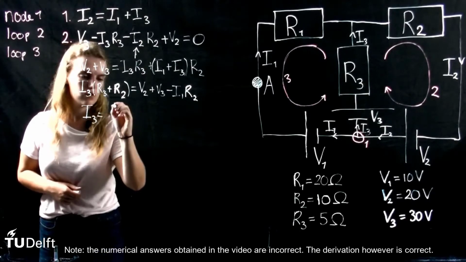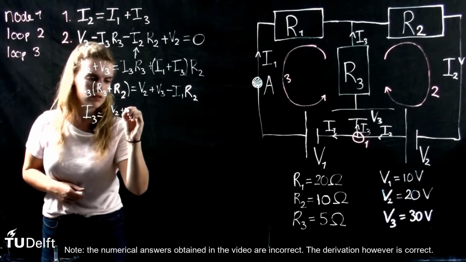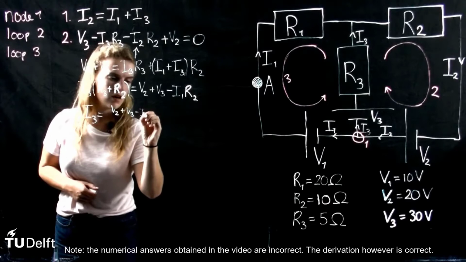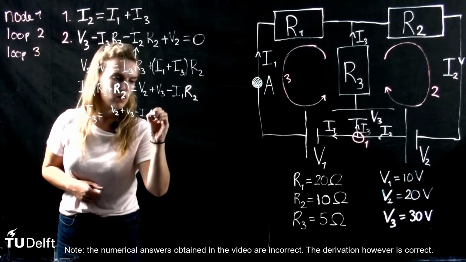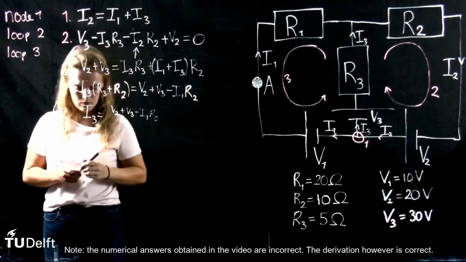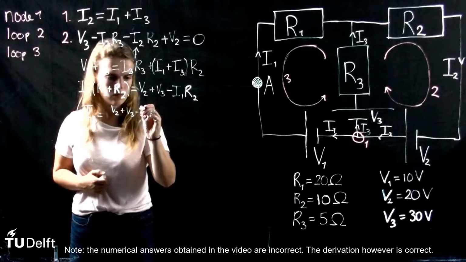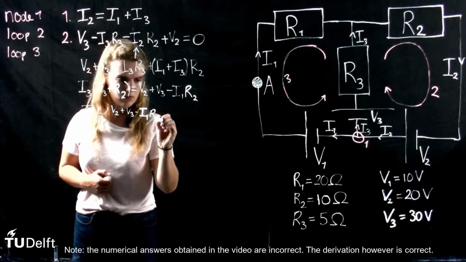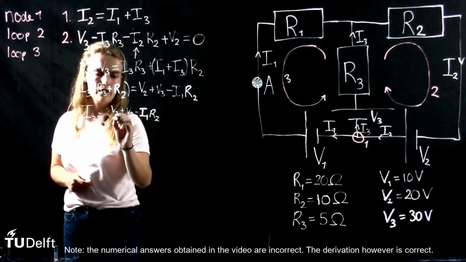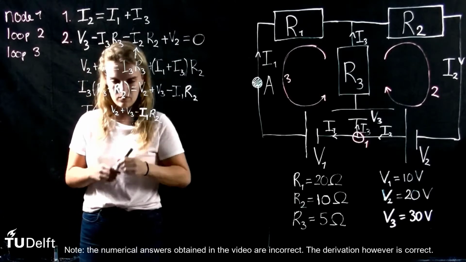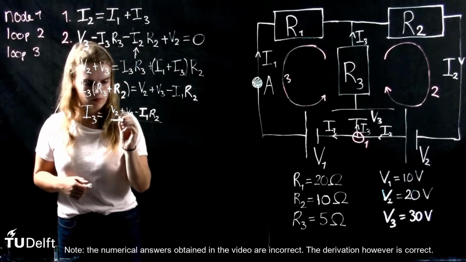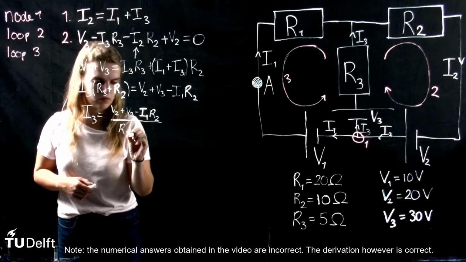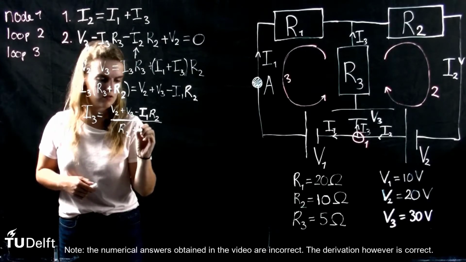I3 is equal to V2 plus V3 minus I1 R2, divided by R2 plus R3.